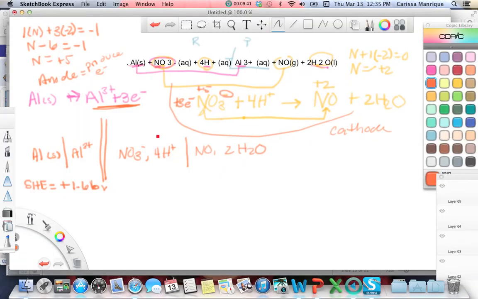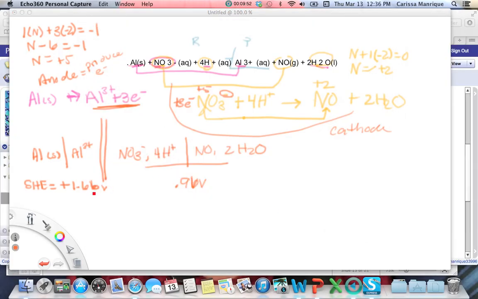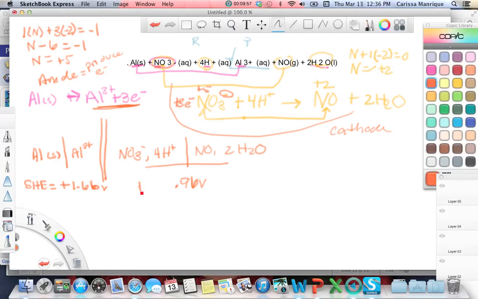So this one over here, this reaction is 0.96 volts. Now what you do here is you just add them. Now there's 2 ways to look at this, and I'll show you here in a minute. So I'm just going to add them. 1.66 plus 0.96 gives me 2.62 volts. And that's how many volts you're going to get from this reaction here.